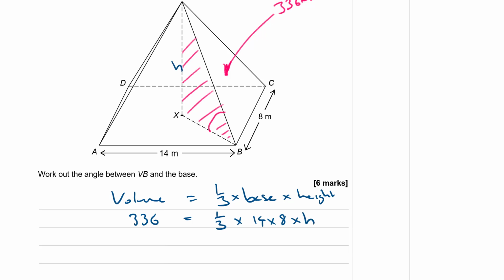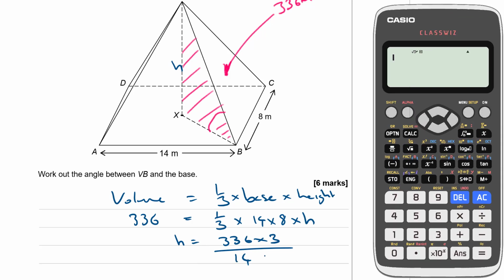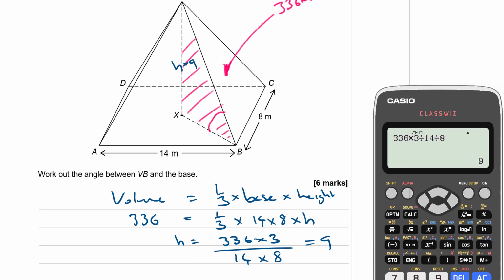Let's call it h. So then h is going to be 336 times 3 divided by 14 and 8. So typing that into my calculator, 336 times 3 divided by 14 divided by 8 is 9. So my pyramid has a height of 9.